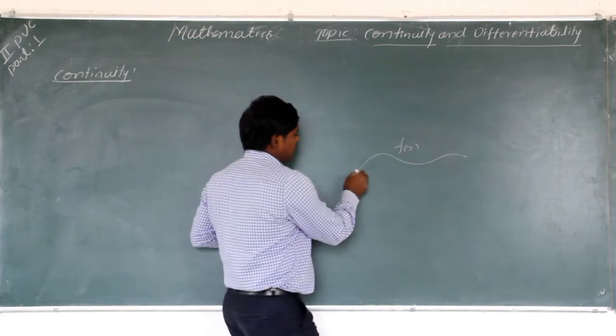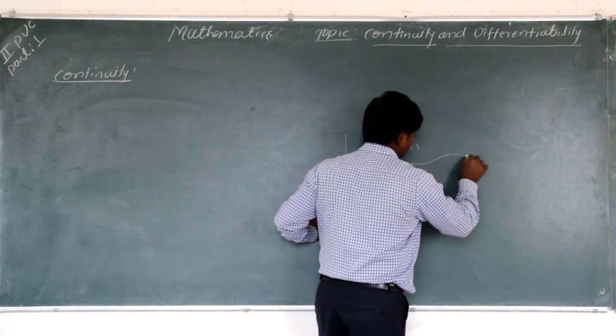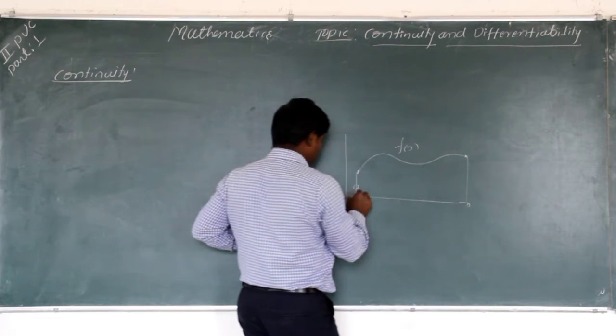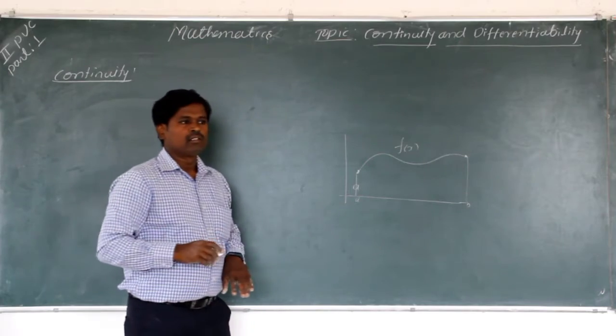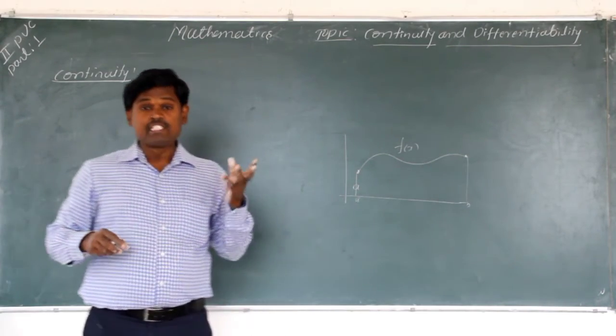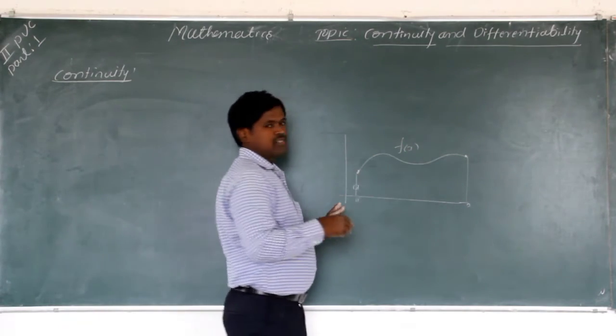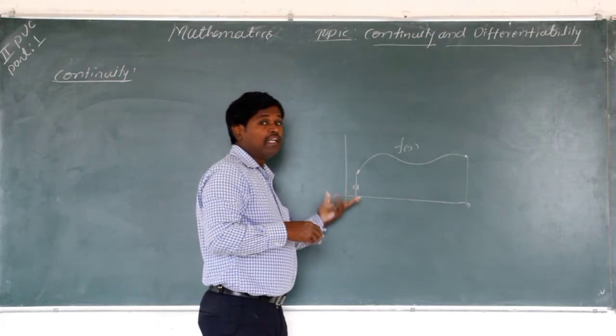So this is continuous from point A to B. In this curve there is no break or jumps at all. Therefore this is called a continuous function on the given interval.